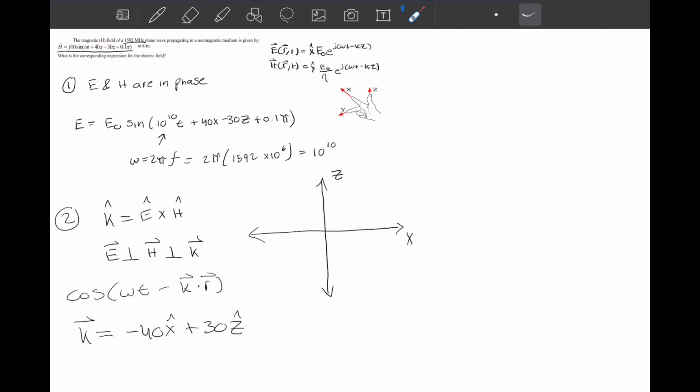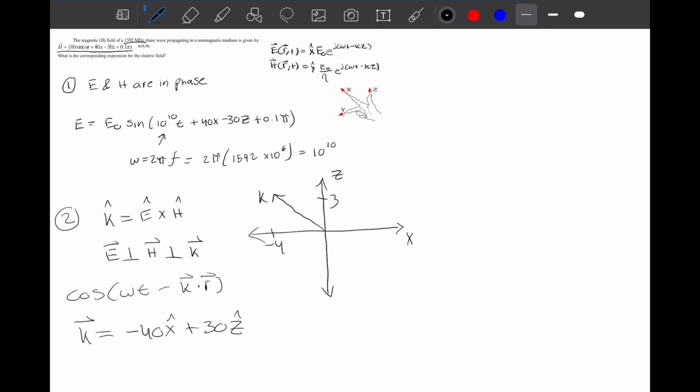So our propagation is in a positive 40x minus 30z direction. So when we pull out our propagation, we'll have it in the negative 40x plus 30z direction. So if we go ahead and draw our K, it will look something like this, negative 4 and 3.